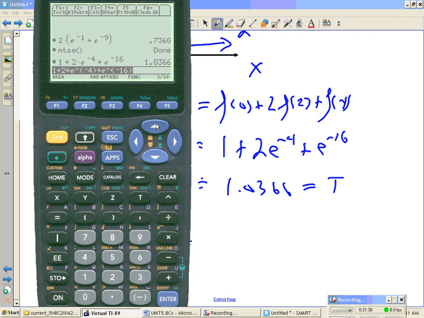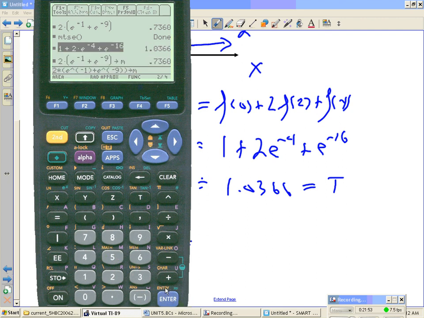Okay, so how about if I take this and store it as, I don't know, alpha m. Where's m? There it is. And then I'm going to take this and store it as t.